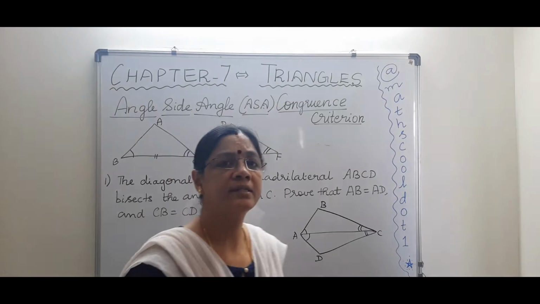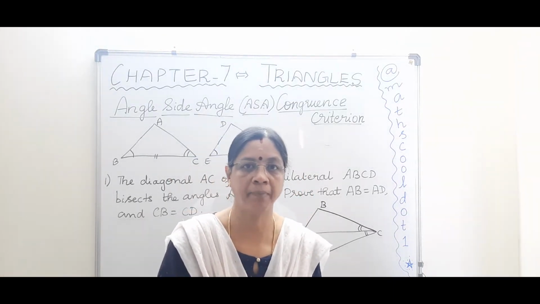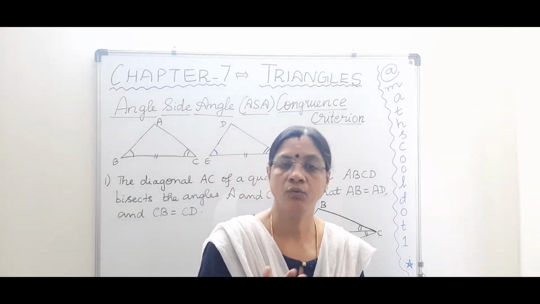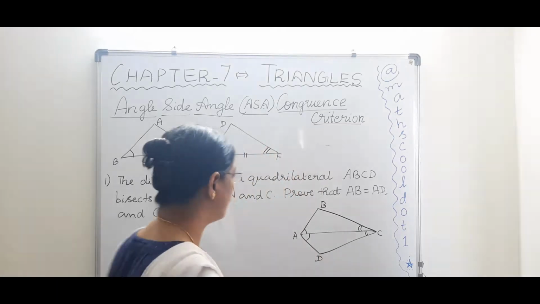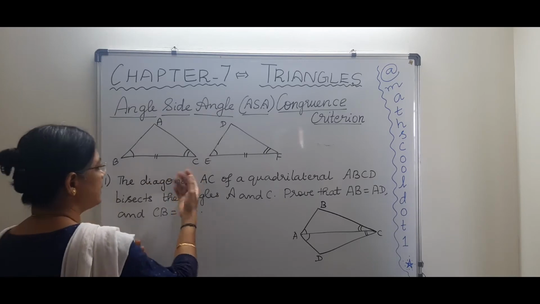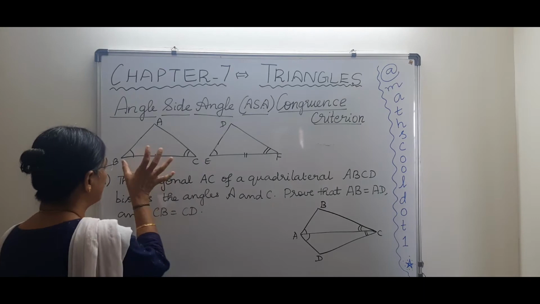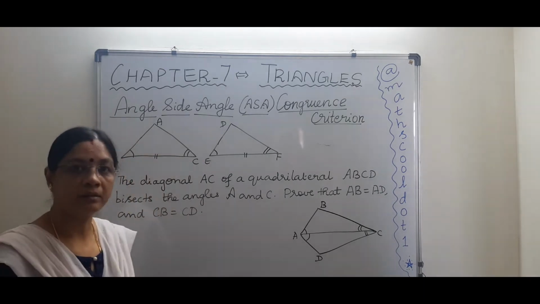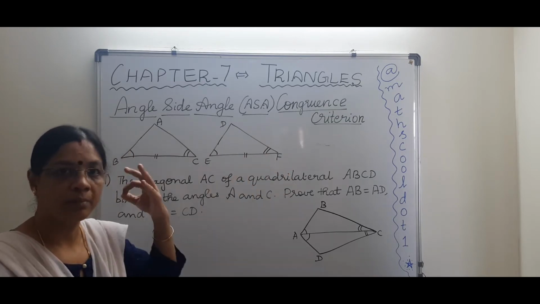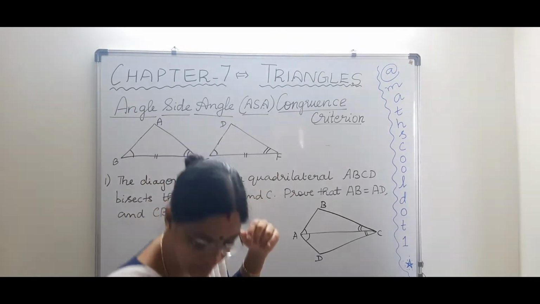It is just enough if we see 3 parts. If the 3 parts are equal in both the triangles, we say those two triangles are congruent. So now we see angle B is equal to angle E and angle C is equal to angle F, and the side included within these two angles is also the same. Then we can say that triangle ABC is congruent to triangle DEF.